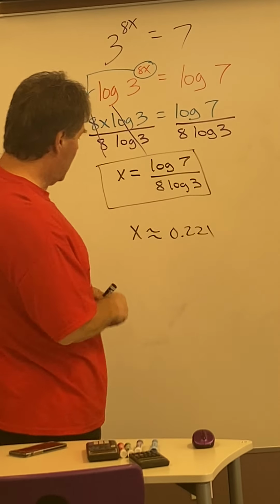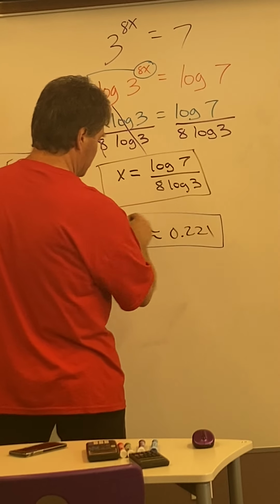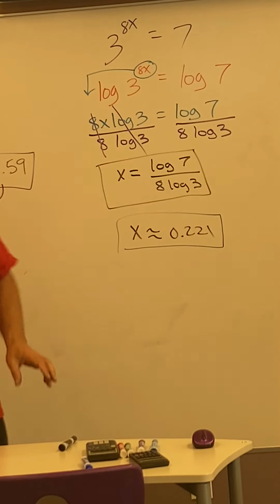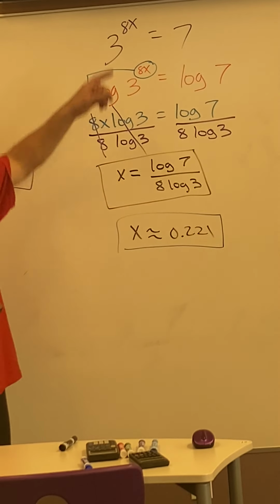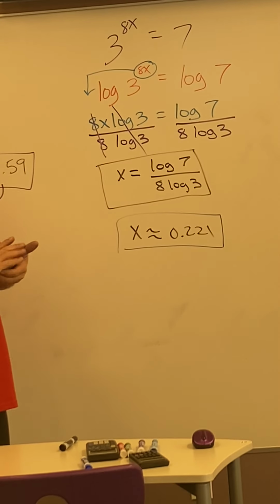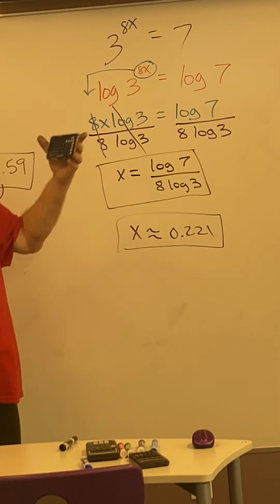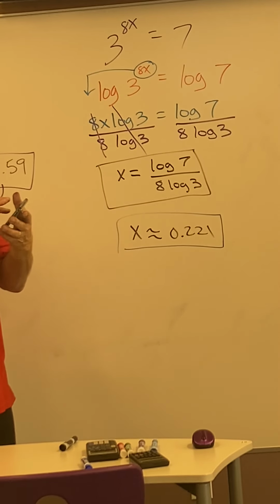Now, what if I'm not sure if I did it right? I'm not sure if I typed that in right. Well, it's nice because you can check it. Look, if I take 0.221 and times it by 8, 0.221 times 8 is 1.768, right? So if I raise 3 to that power, I'm going to use my x to the y key.